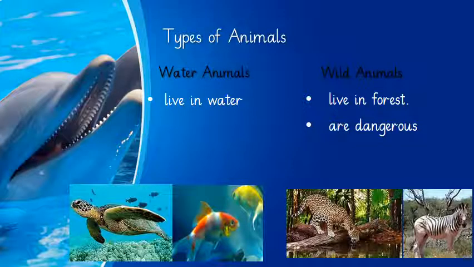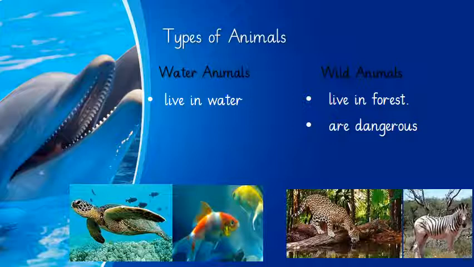Carrying on with types of animals, let's discuss water animals and wild animals. Water animals. Animals that live in water are called water animals. Some of the water animals are fish, dolphins, crabs, and turtles. Wild animals.